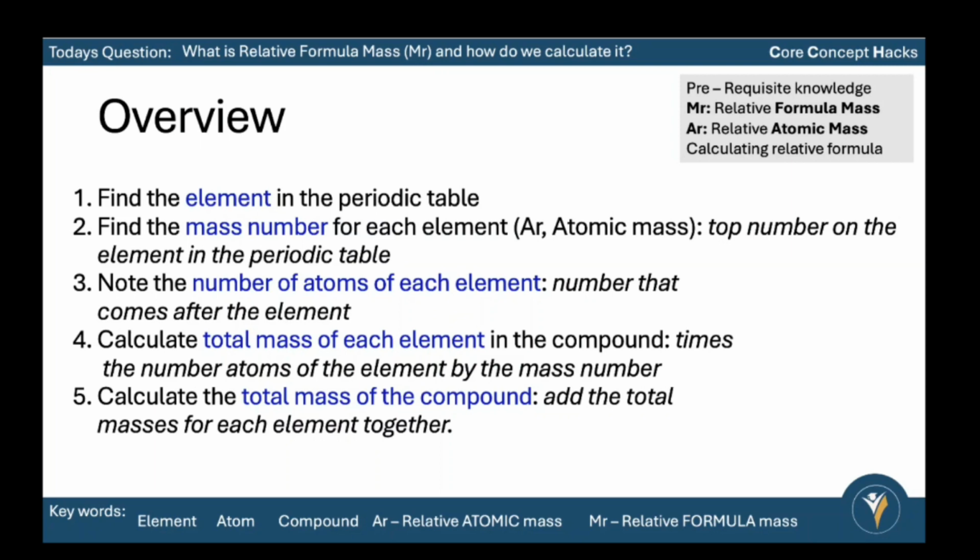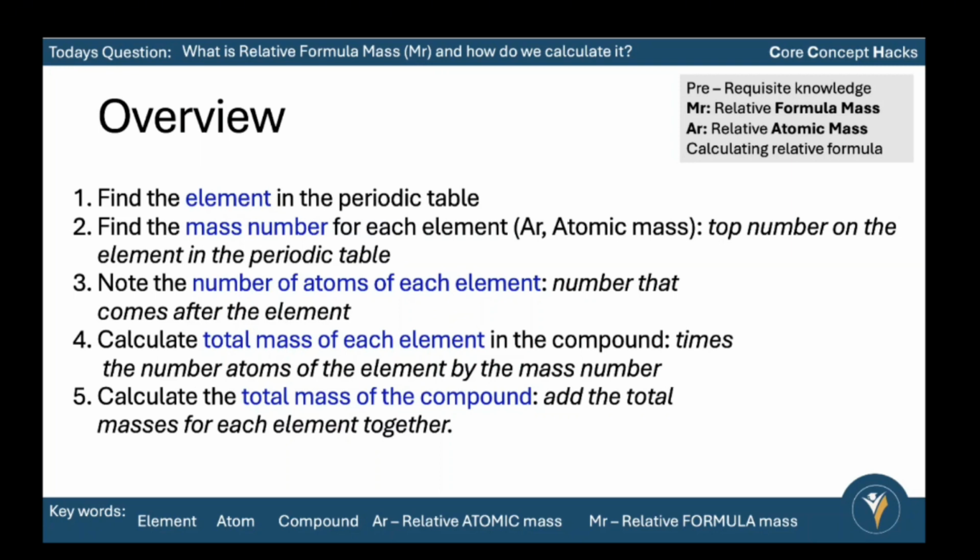Then you look at the compound that they've given you and you see how many atoms of each element there are. And then you multiply those two numbers together. And in doing this, you calculate the total mass of each element. And then you add the answers for each element together.